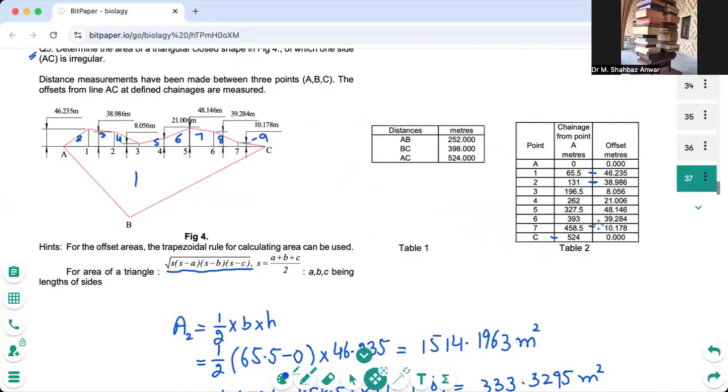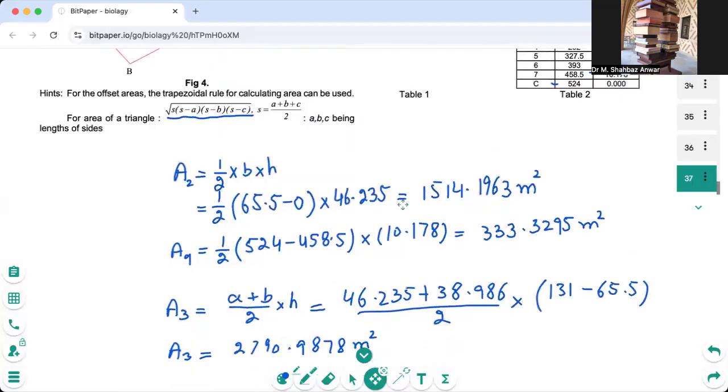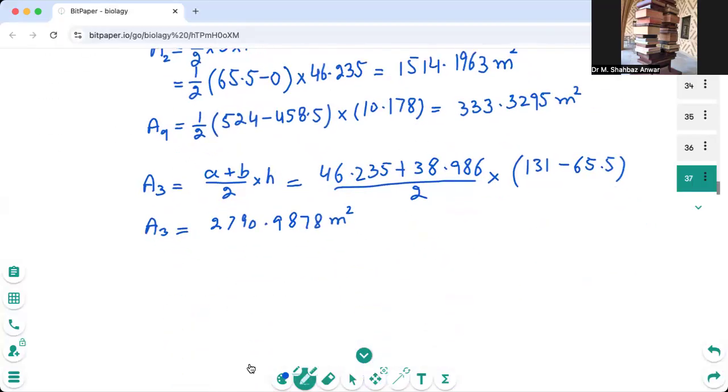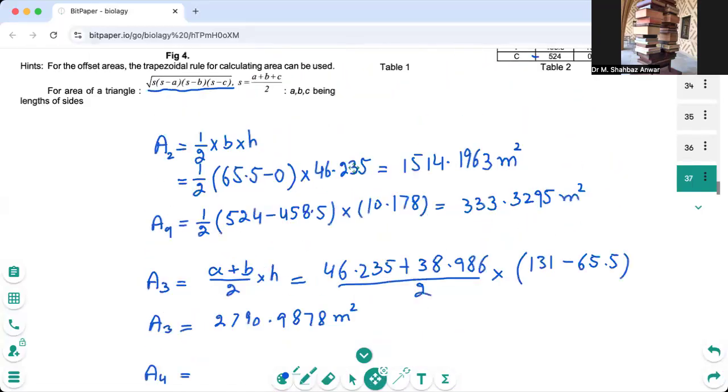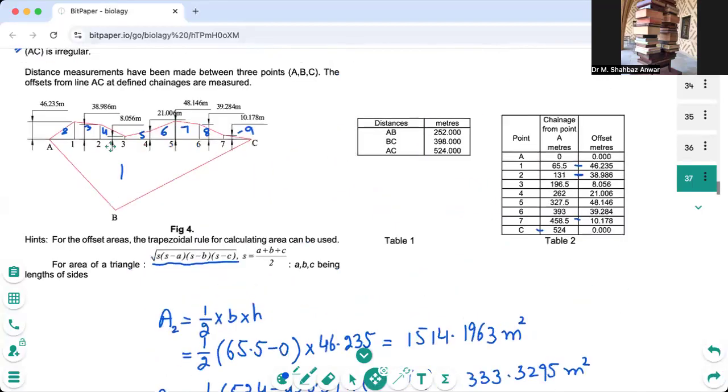Using the same formula, we can calculate our areas 4, 5, 6, 7, and 8. For that, we will use the values given in this table. In the same way, we can calculate area 4. In area number 4, we need to use the heights at point 3 and at point 2.